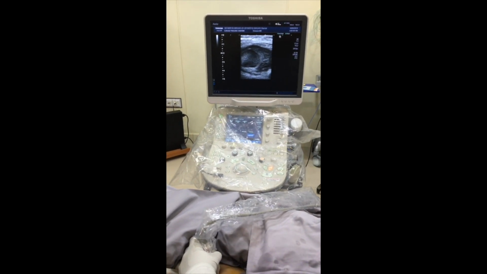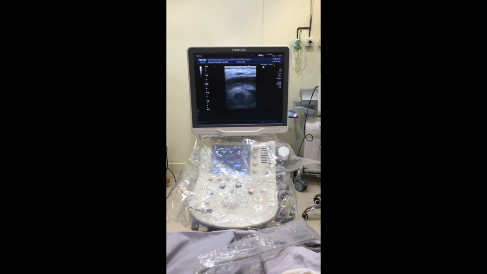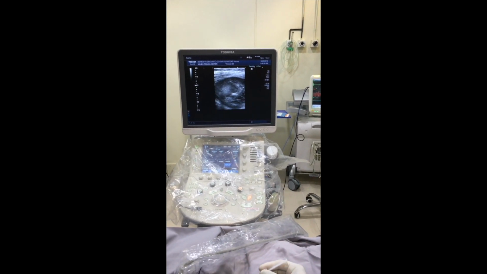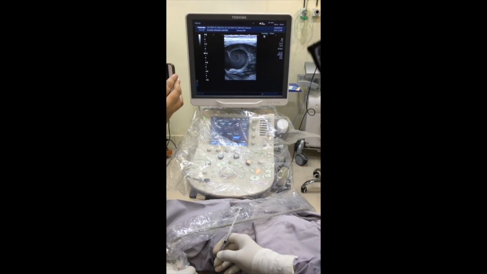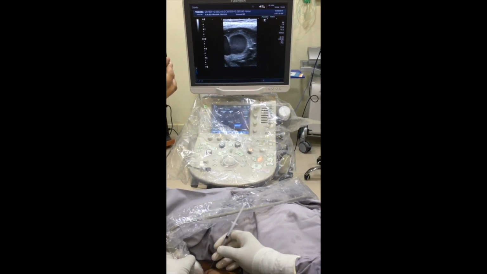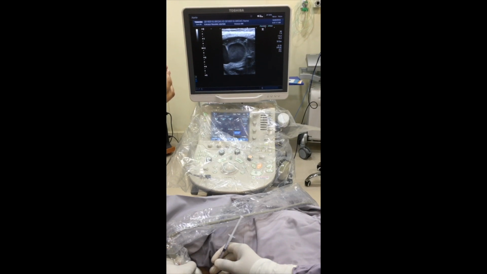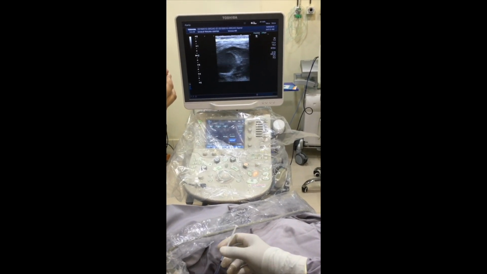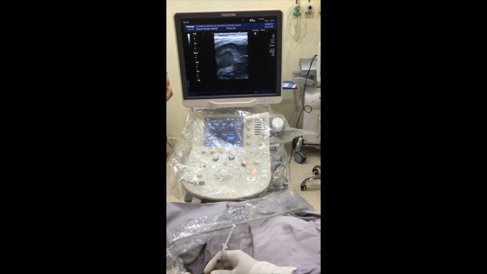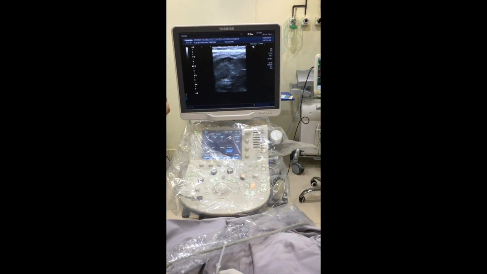Slow. Yes, good. After compression it's stagnated, ready. It's almost stopped the flow. Now compress. Now I can see that needle going in. Needle was coming in, and there comes your needle.